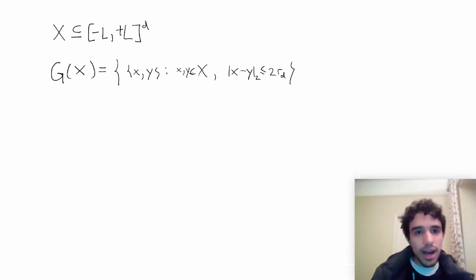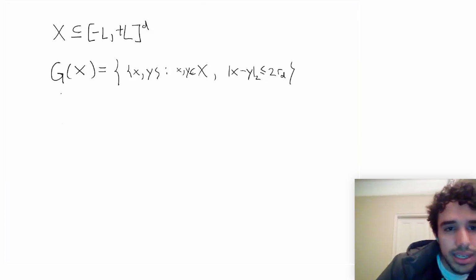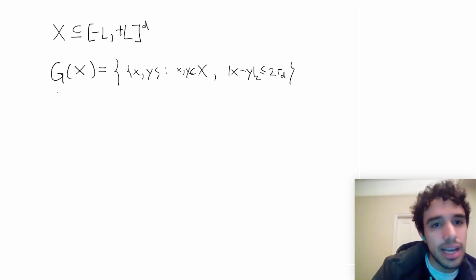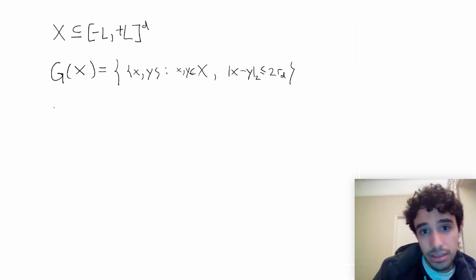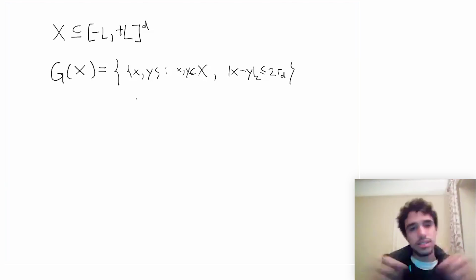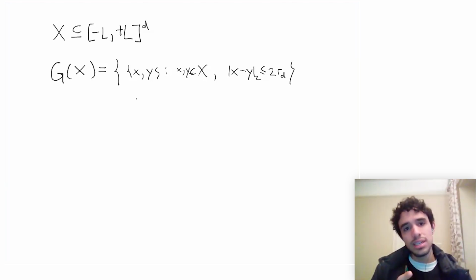If you define this graph, then any independent set in it is going to be a sphere packing, just by definition, because a sphere packing is a set of points such that every pair is at distance at least 2R_d. So you just can't have any edges in this graph.